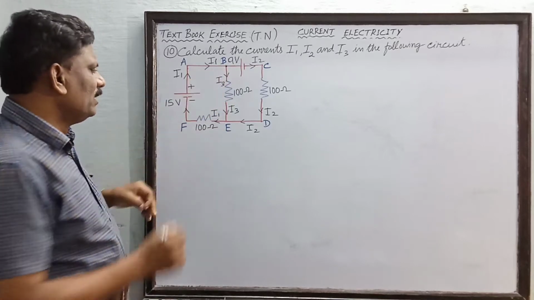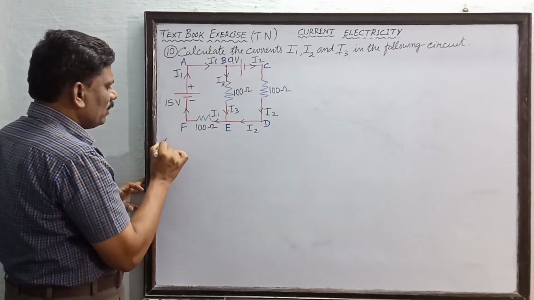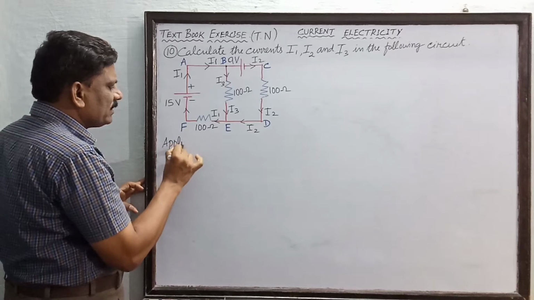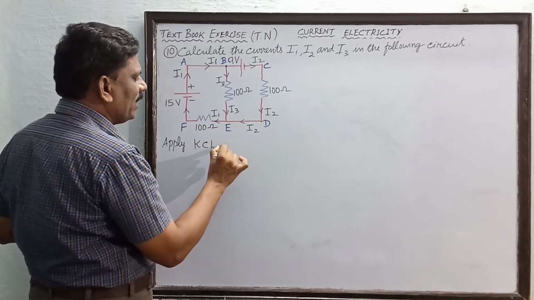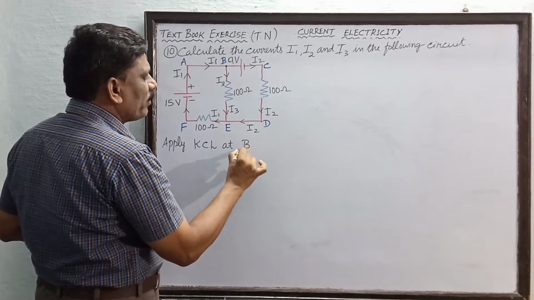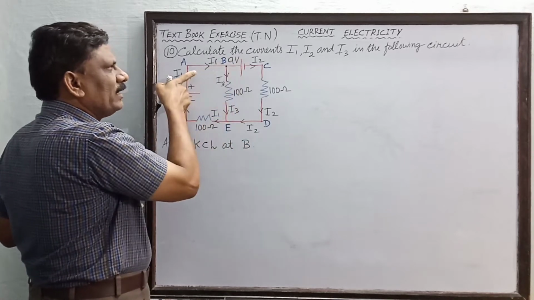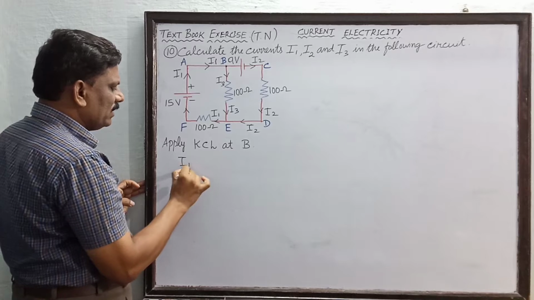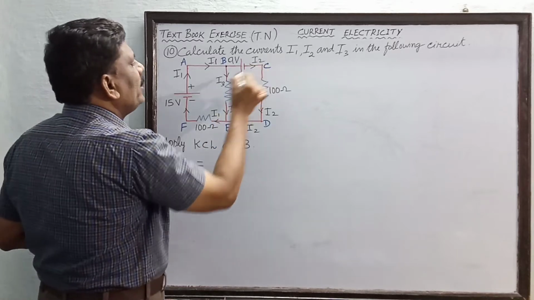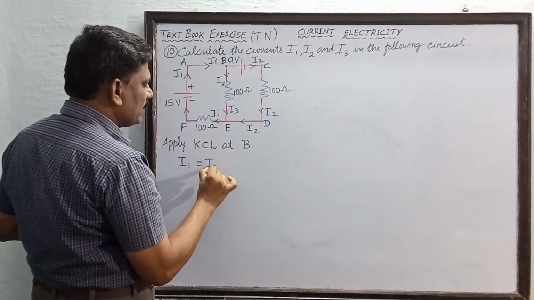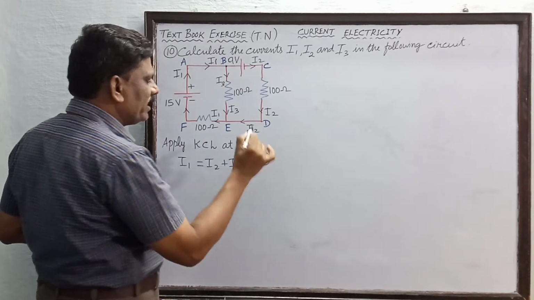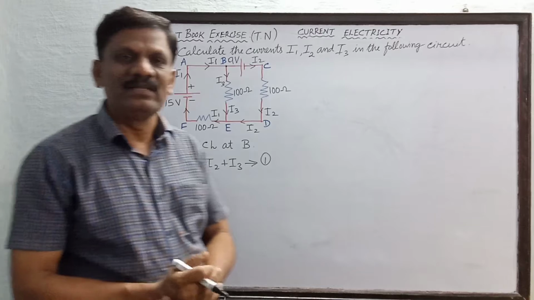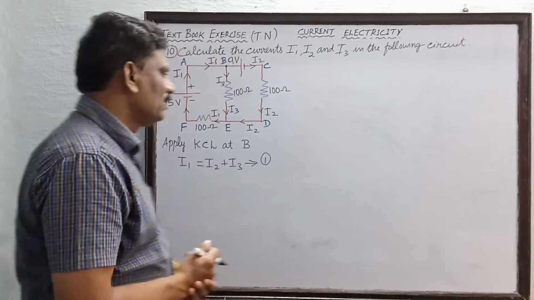So at the junction B, apply Kirchhoff's current law, Kirchhoff's first law. So current I1 is equal to I2 plus I3. So this is the first equation required, based on Kirchhoff's first law.